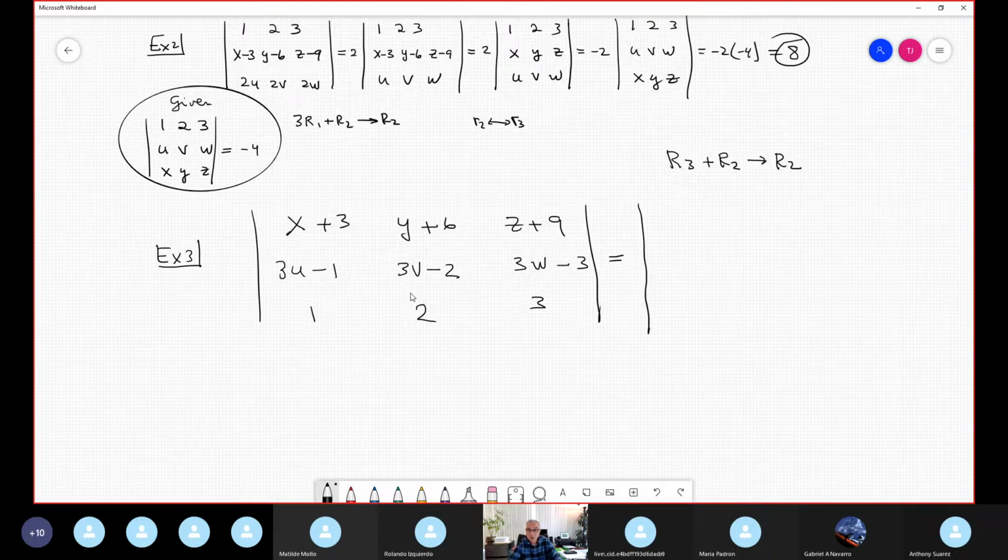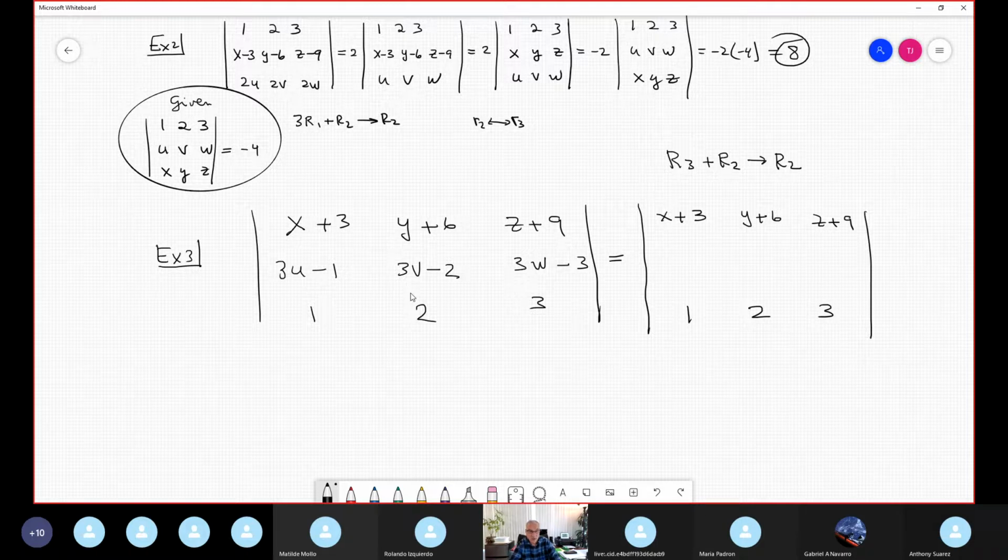Row 1 stays the same; I don't touch it for the moment. Row 2 changes, and row 3 participates but doesn't change.